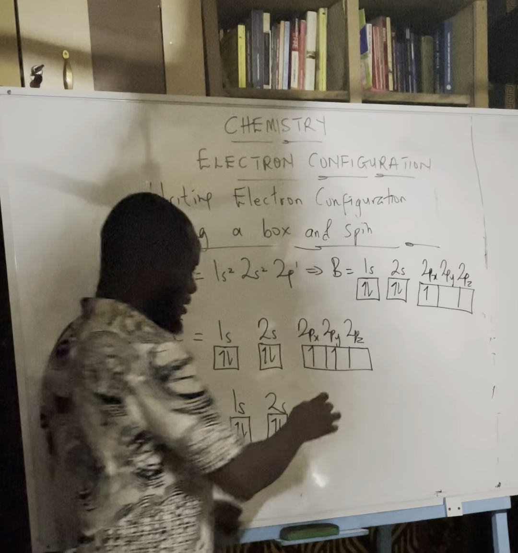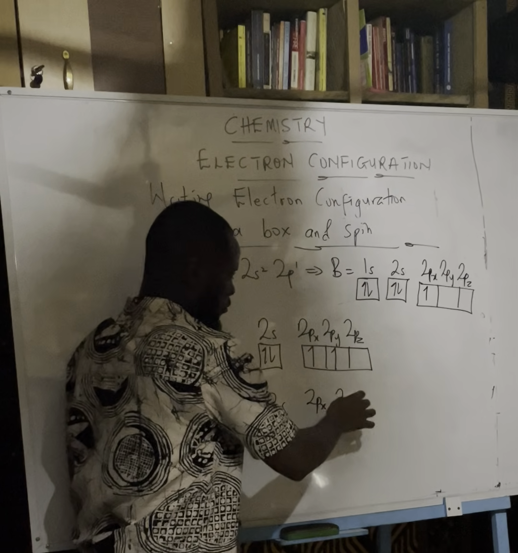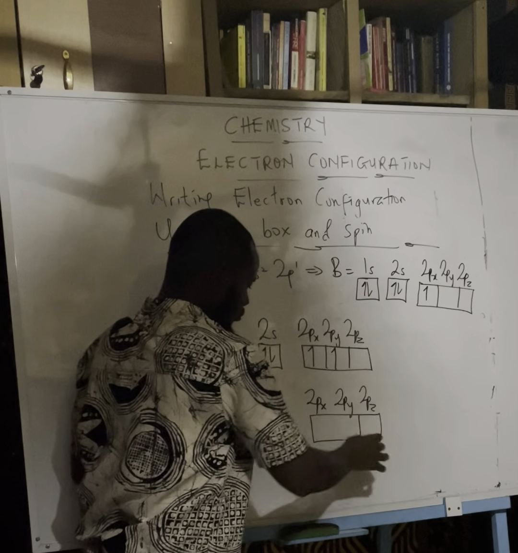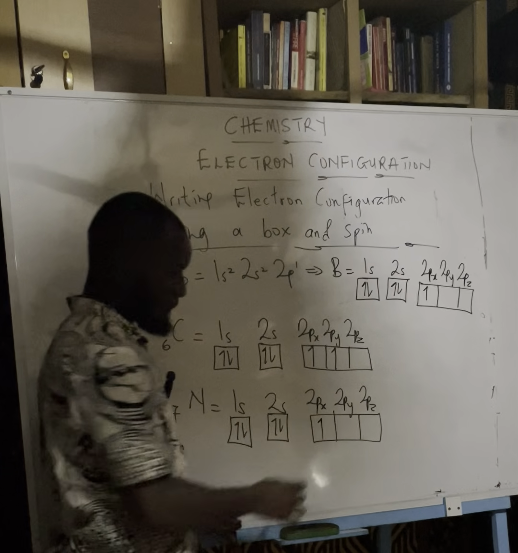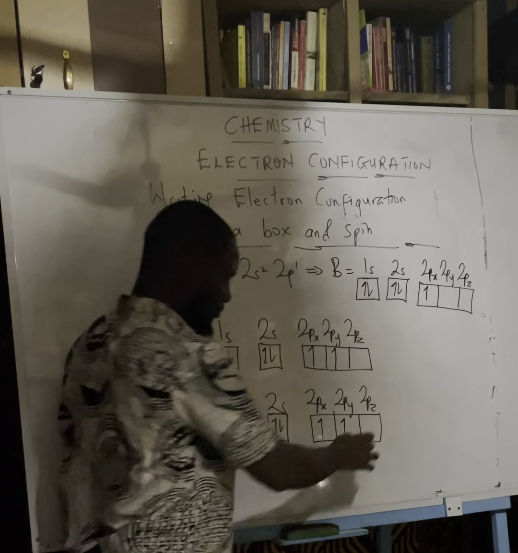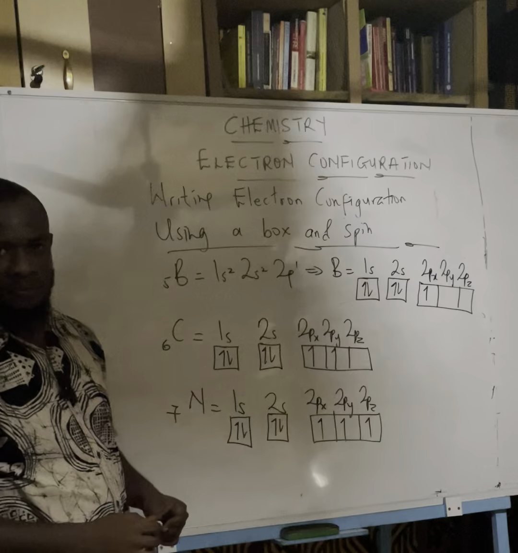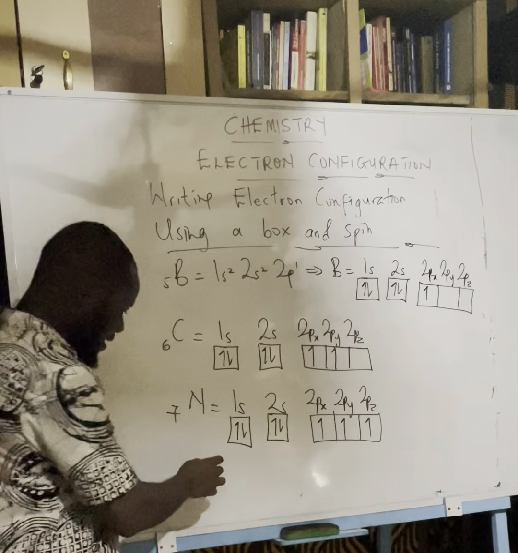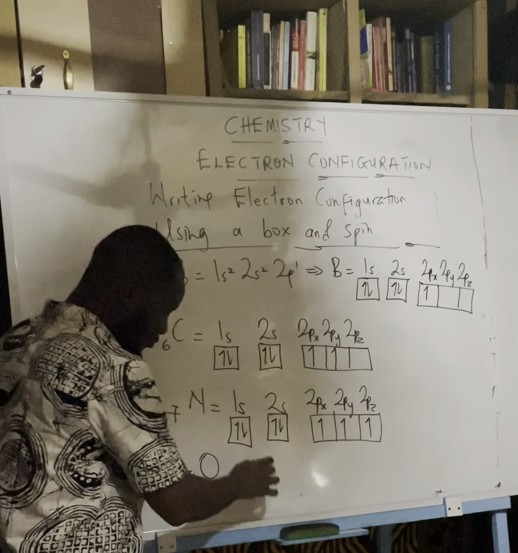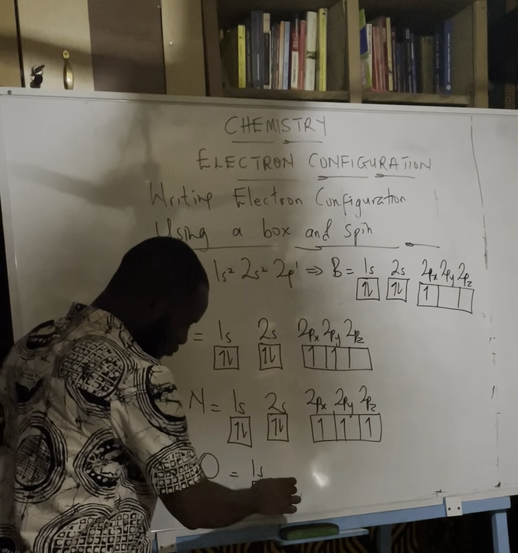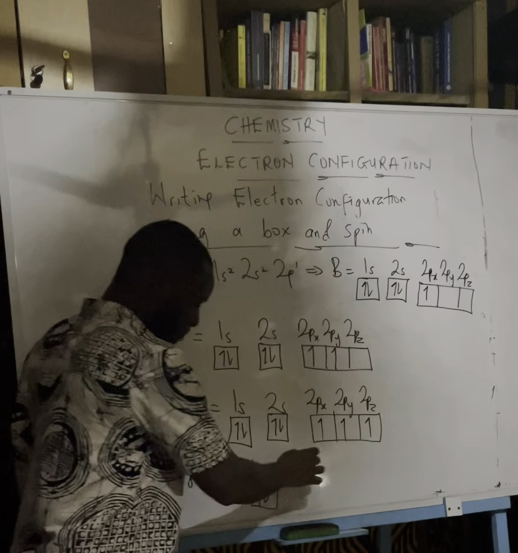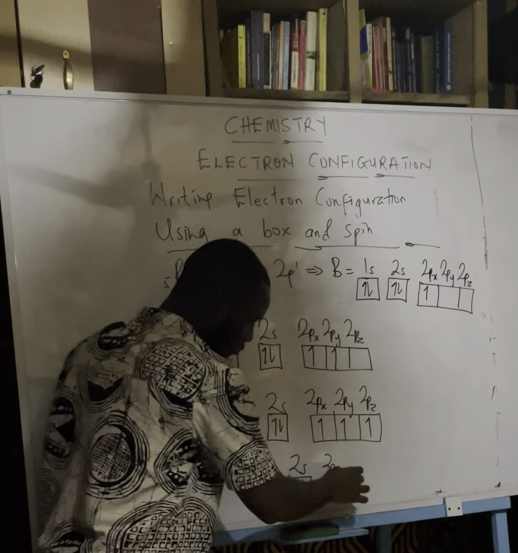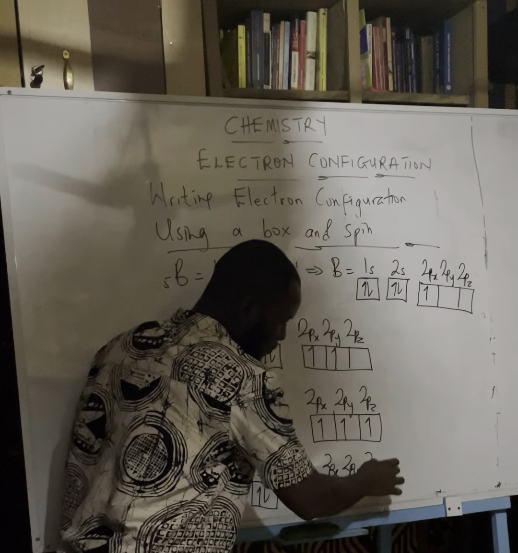Then you go to 2px, 2py, and 2pz. This will take 1, this will take 1, and this will take 1. That is what we write using the box and spin. So now 8 for oxygen, 1s, 2s, 2px, 2py, 2pz.